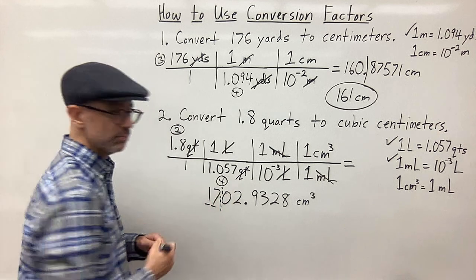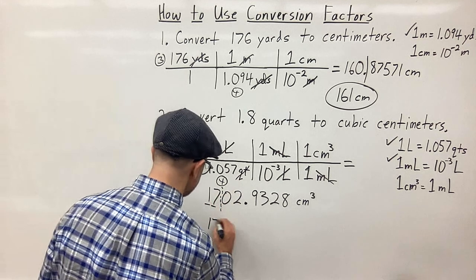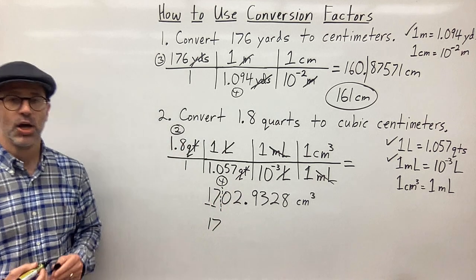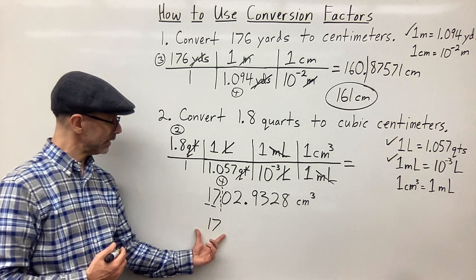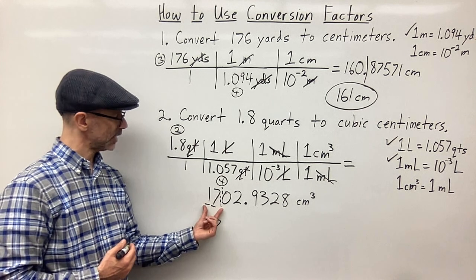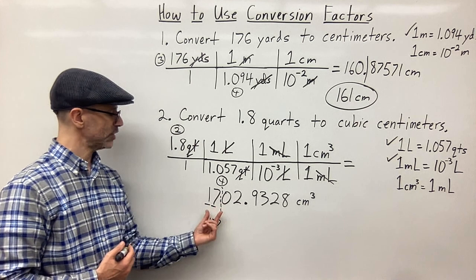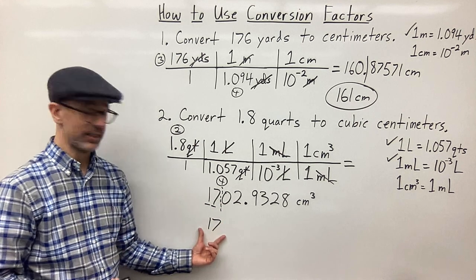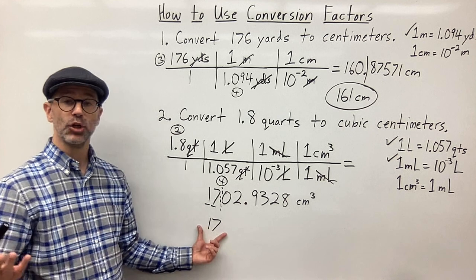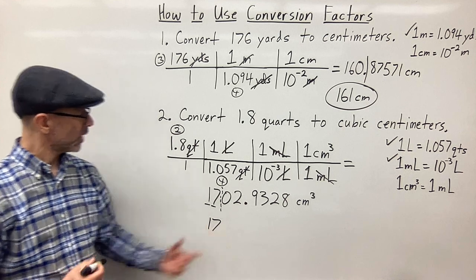Now, do I just write 17 and call it a day? No, that would be really bad rounding, right? Here I have 1,702, and then I round that to 17. That's ridiculous. So what do you do, Mr. Kowalski? Well, I'll tell you.